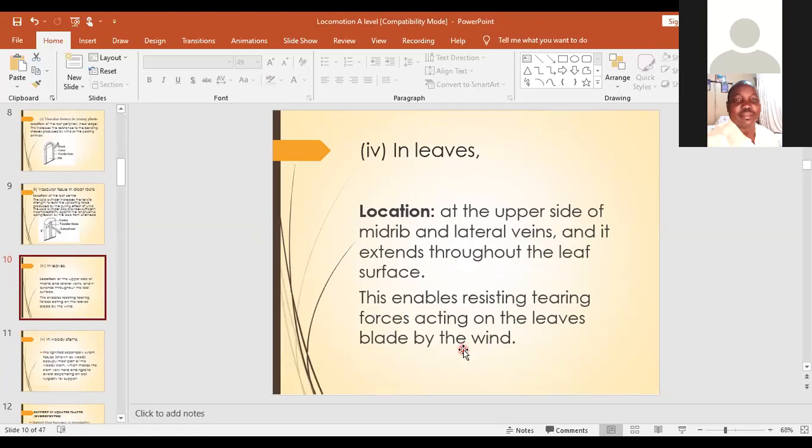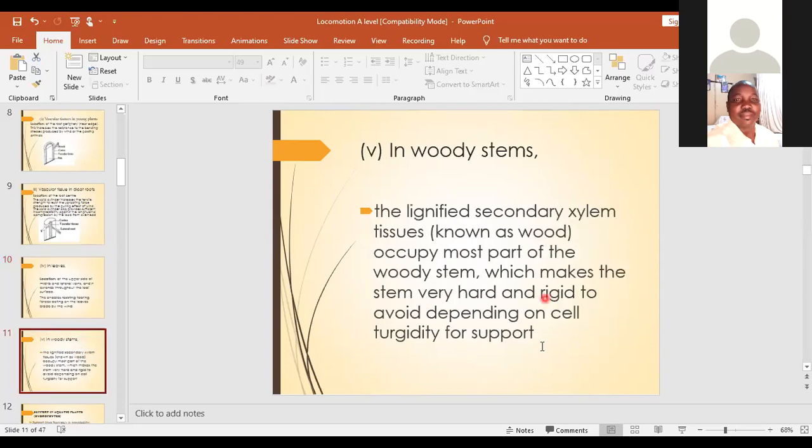And that's why the leaves remain compact, even if there is a very huge stress that is brought about by the flowing wind.